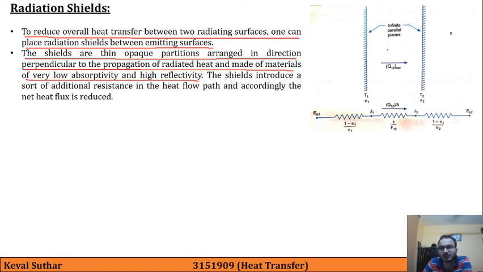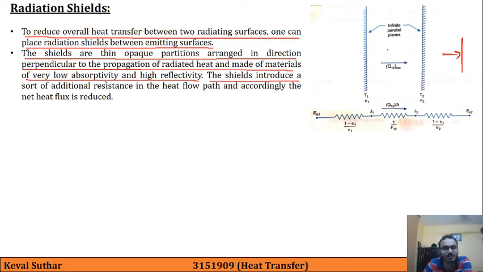So if the direction of heat flow is this, then we need to put a radiation shield or partition in this vertical position.